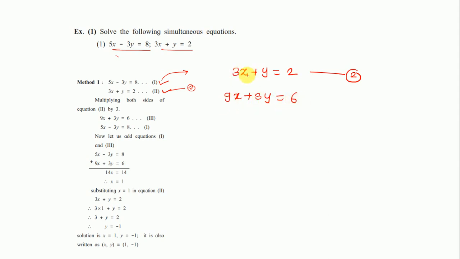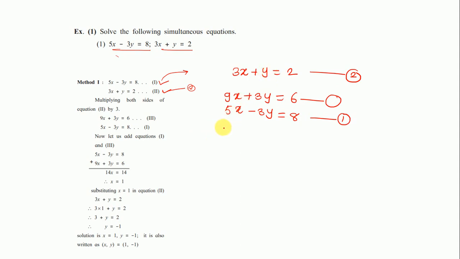So we got this equation, 9x plus 3y equal to 6, by multiplying equation number 2 by 3. Now the first equation is 5x minus 3y equal to 8, and suppose this is the third equation, which we got after multiplying equation number 2 by 3.